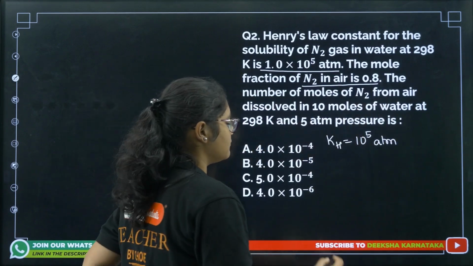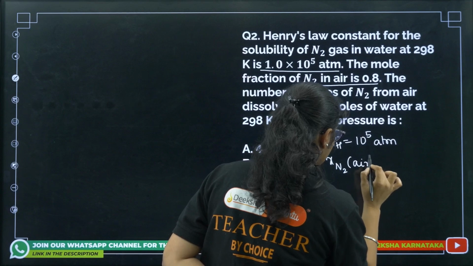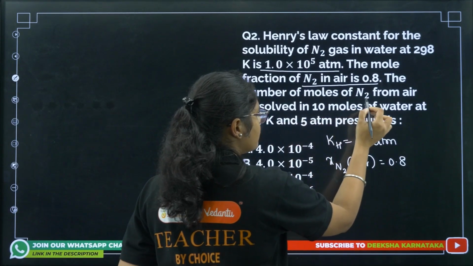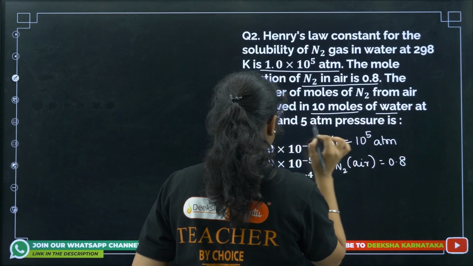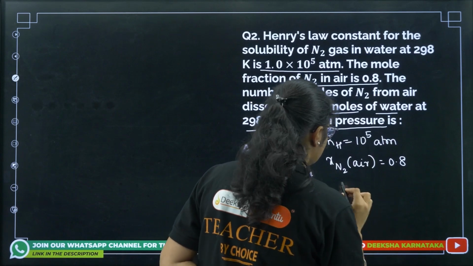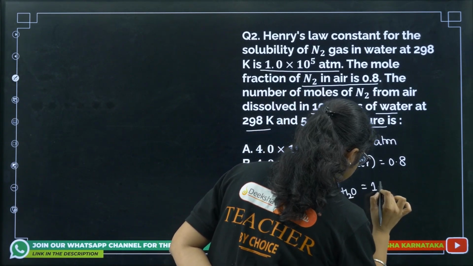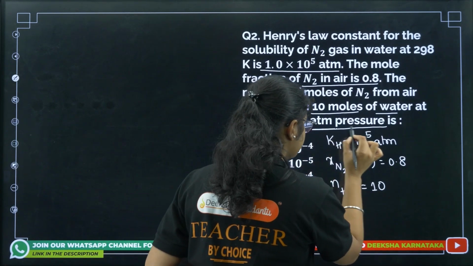This is very important, mole fraction of N2 in air is 0.8. The number of moles of N2 from air dissolved in 10 moles of water at 298 Kelvin and 5 atm pressure is. So what is the number of moles of water? That is 10 moles. And here pressure is 5 atm.